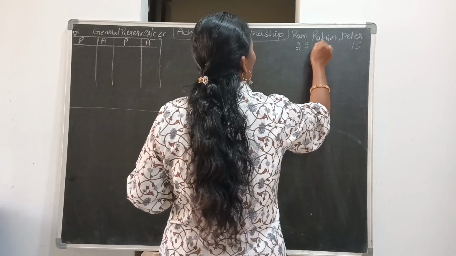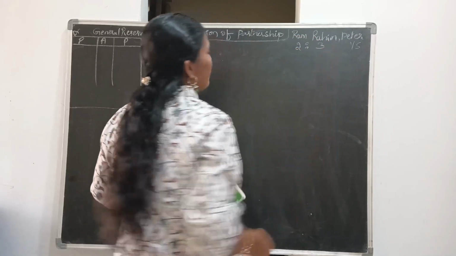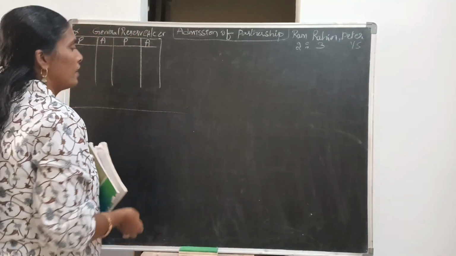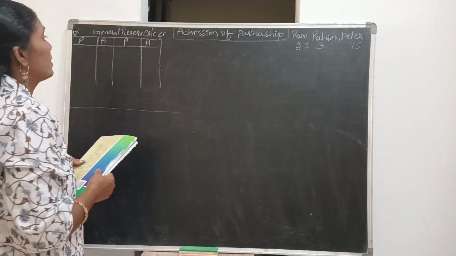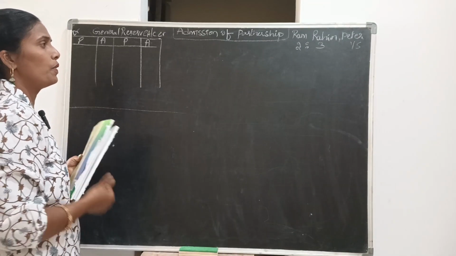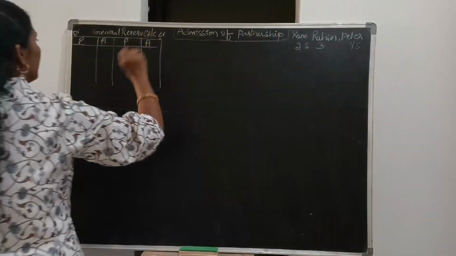Old partners are sharing their profit and loss in the ratio of 2:3. So this is the information. So now general reserve 20,000 we distribute in the ratio of 2:3 among old partners.